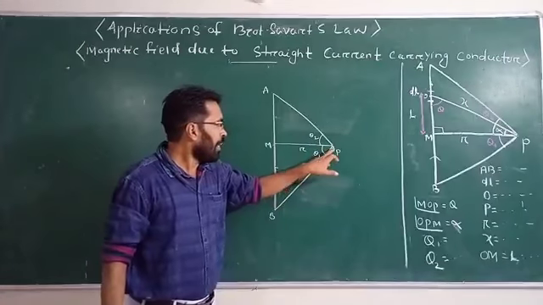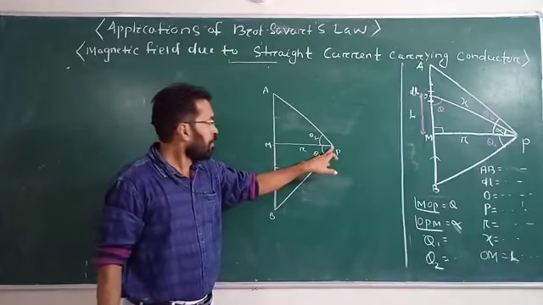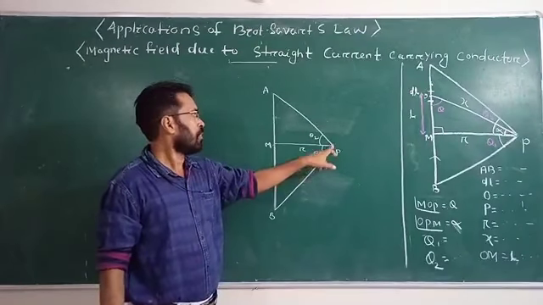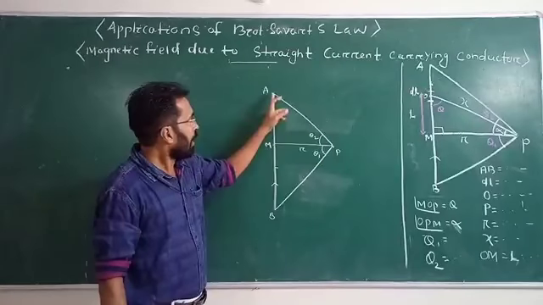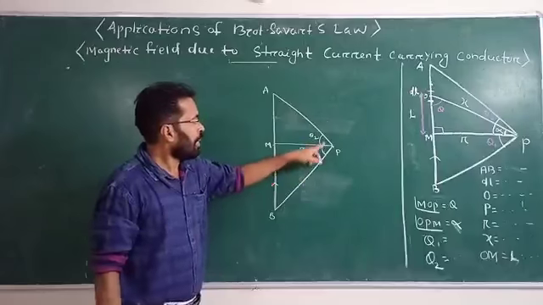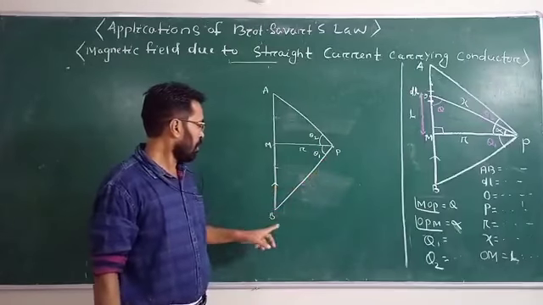It is your angle of elevation of point P. This is your angle of elevation from point A to point P, angle of elevation theta 1.